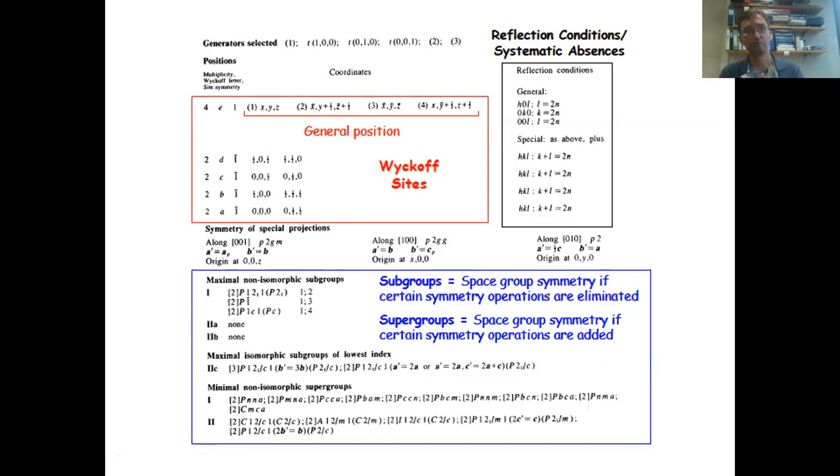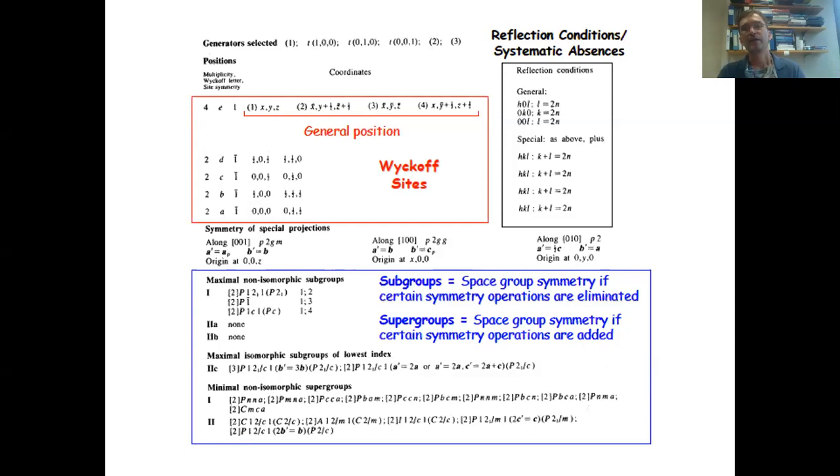And the elimination of certain reflections follows a specific systematic pattern. Therefore, some of them are systematically absent.